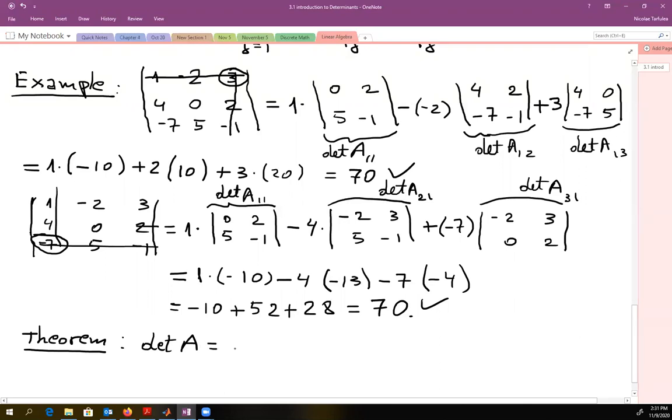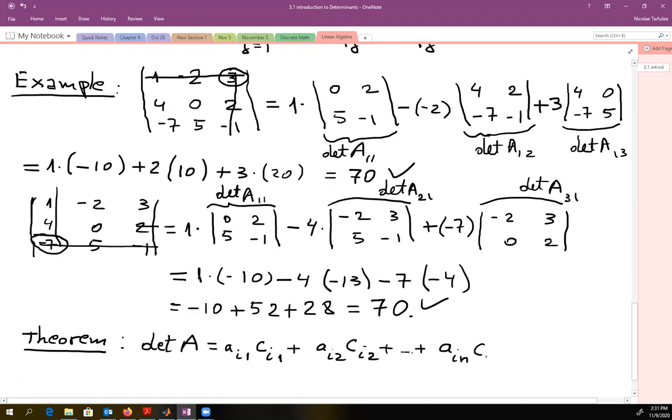You can write it as a_i1 C_i1 plus a_i2 C_i2 plus a_in C_in.